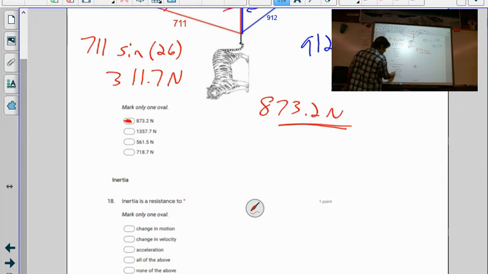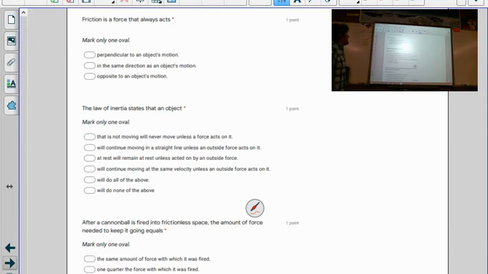Inertia is a resistance to change in motion. That's true. Change in velocity, that's true. Acceleration, that's true. So it is all of the above. Friction is a force that always acts to oppose motion, opposite an object's motion.